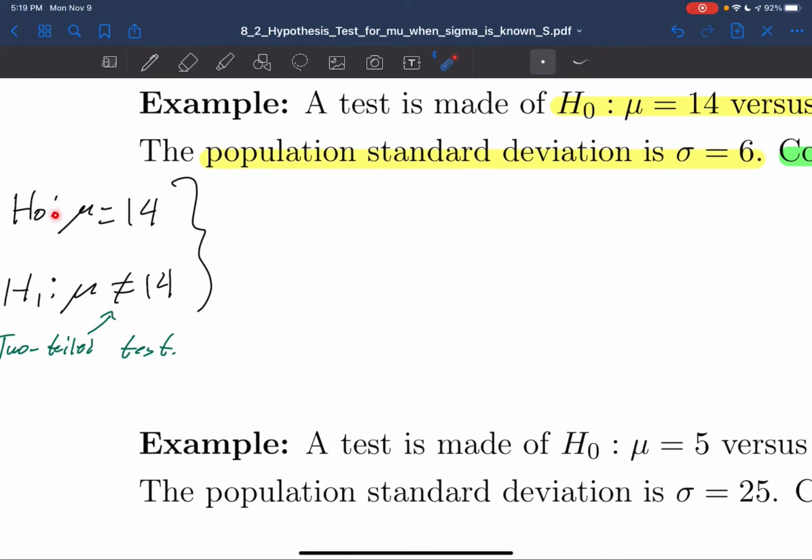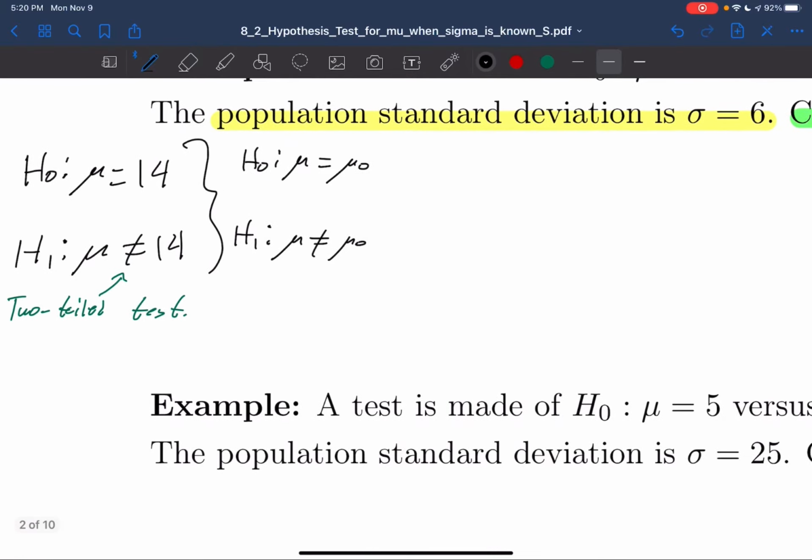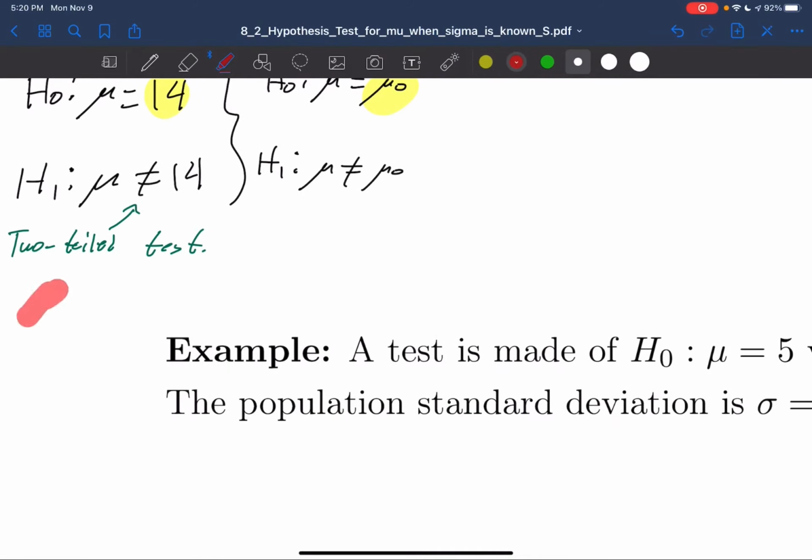And this test here is in the form of H0 is mu is equal to mu naught, and H1 will be mu is not equal to mu naught. So here again, our mu naught is just going to be the value of what we're testing with, which in this case is 14.